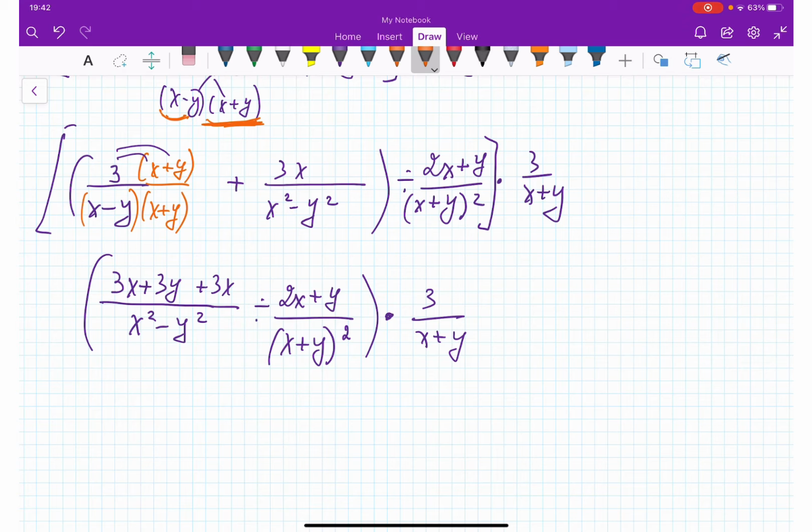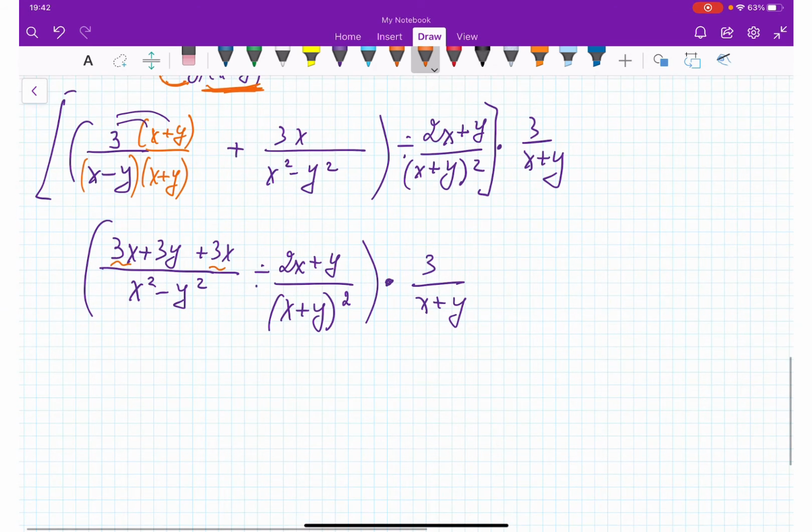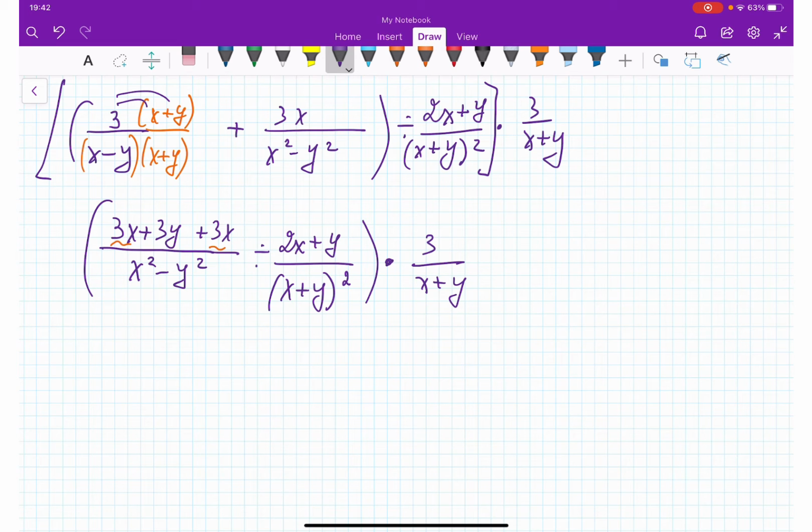Okay, here what do we have? Like terms, 3x and 3x. And I'm going to get 6x plus 3y over x squared minus y squared. Now let's divide.